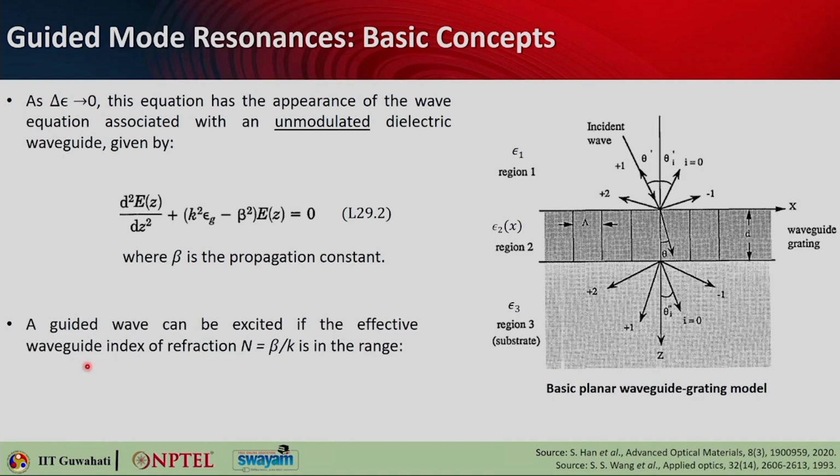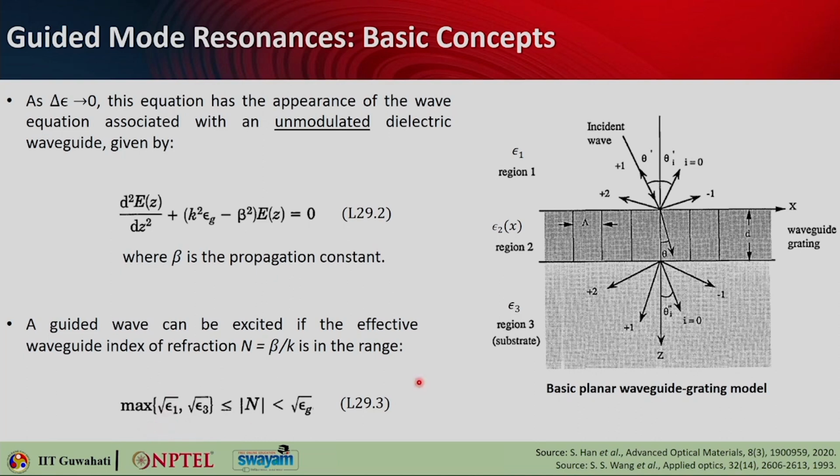Now, a guided wave can be excited if the effective waveguide index of refraction n, that is given by beta by k, is in this range. So, the modulus of n should be lower than square root of epsilon g, but it has to be greater than or equal to the maximum of the refractive index of this or this, whichever is maximum.